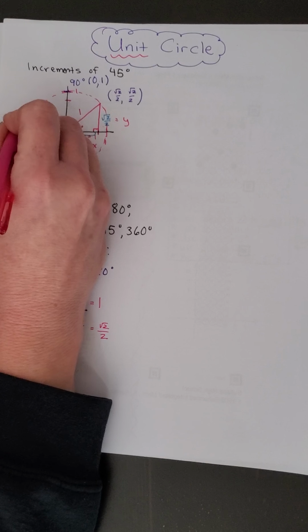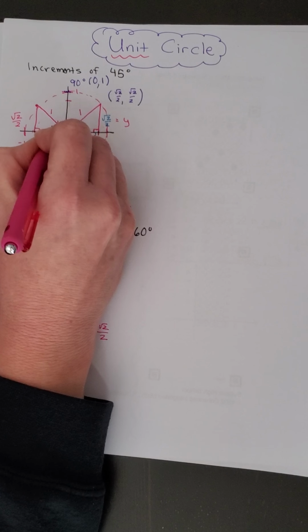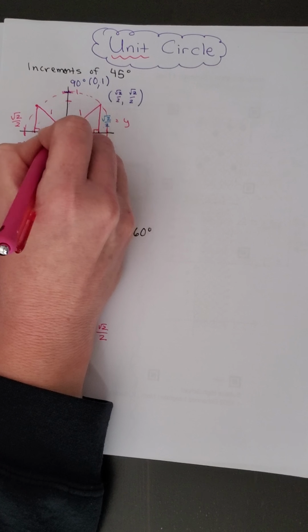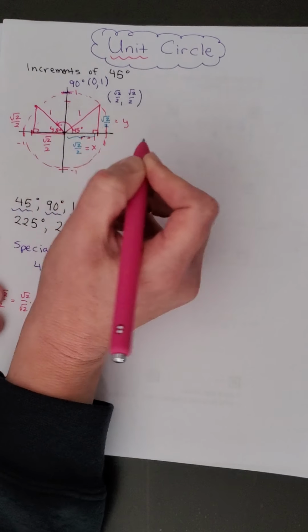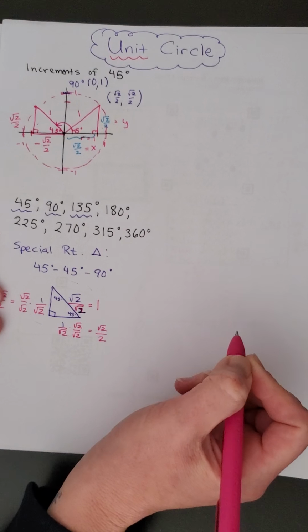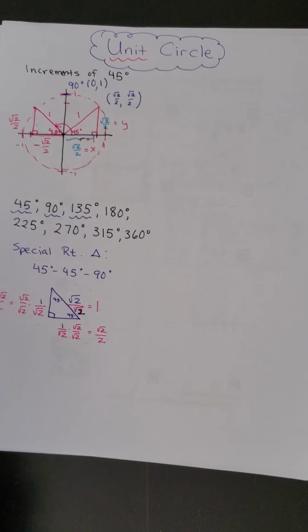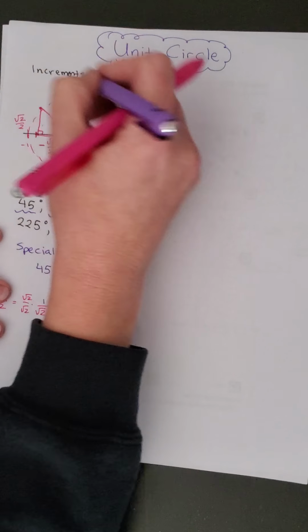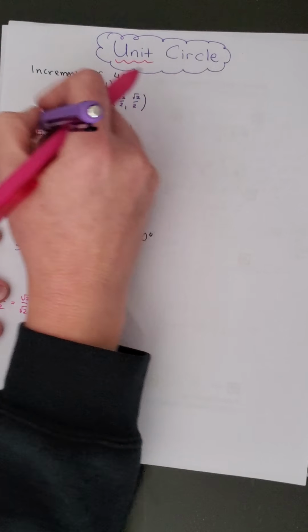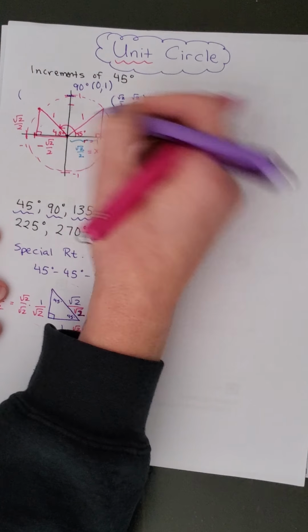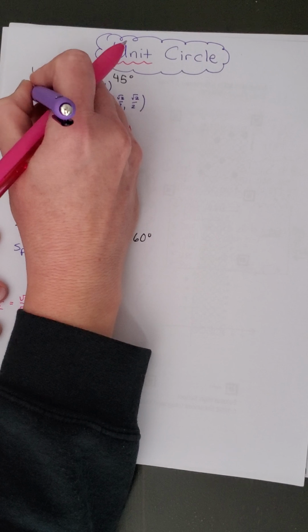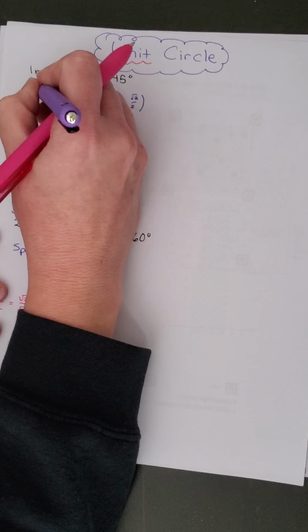However, because we're going to the left on the x-axis, this actually will be negative square root 2 over 2. Our x value will be a negative. And so at 135 degrees, our x coordinate is negative square root 2 over 2, and our y coordinate is square root 2 over 2.